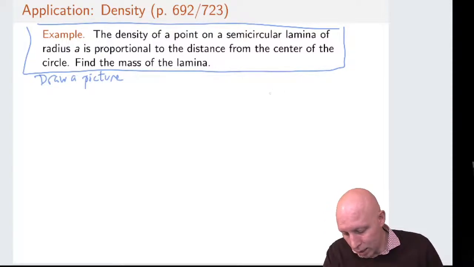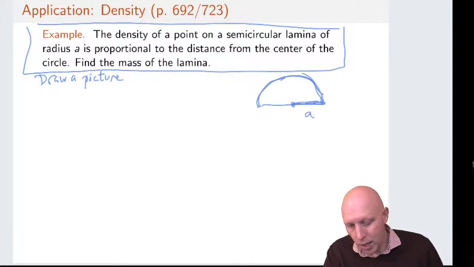All right. So what we're saying is we have this semicircle, and the radius of the semicircle is a. And the density is proportional to the distance from the center.